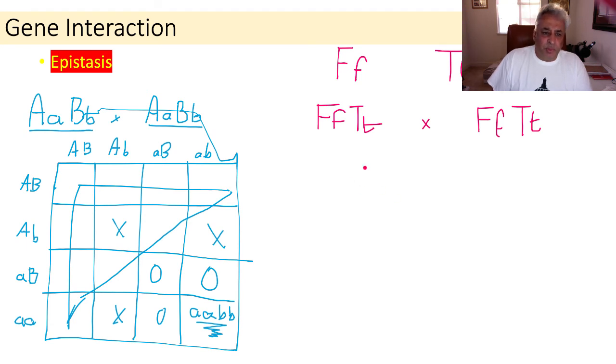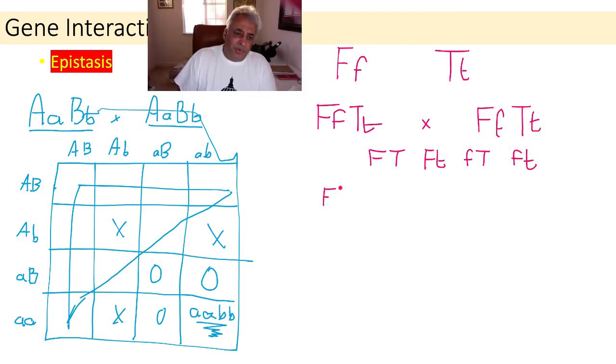And now the gametes will be big F, big T, and then big F, small t, and then small f, big T, and then with one more possibility left over here, that would be small f, small t. And likewise, because this is exactly the same as this, everything from this will be very similar to that, so we can put it up and down the side. So we put those gametes right here.